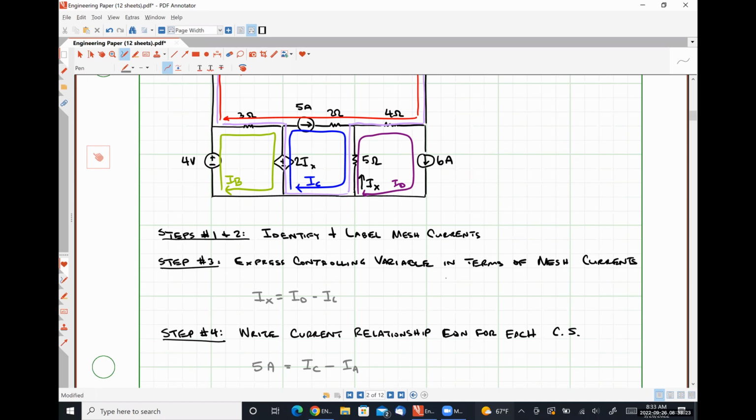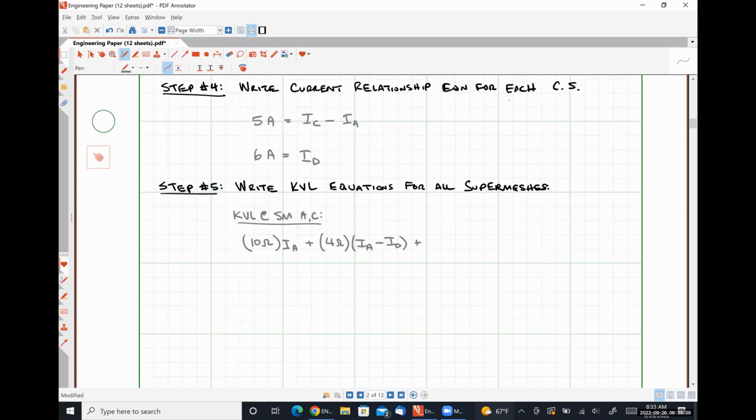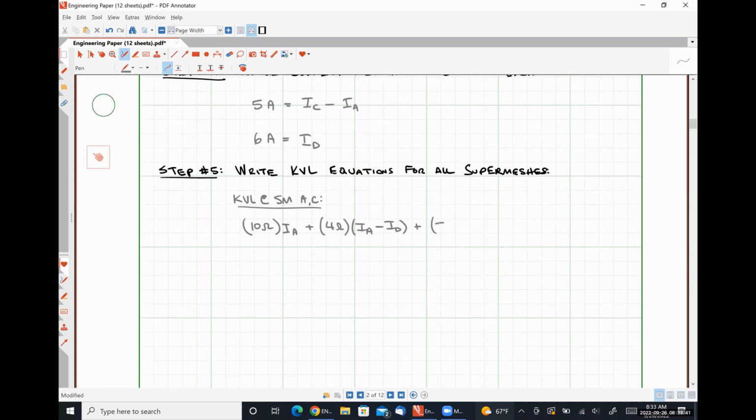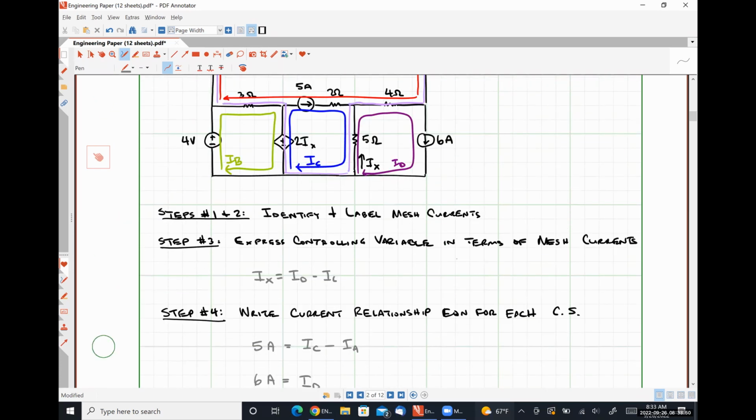So now we've switched over to where we're following mesh current IC around its clockwise path. So what's the voltage drop across the 5 ohm resistor? Yeah, so 5 ohms times IC minus ID. Then we see what?